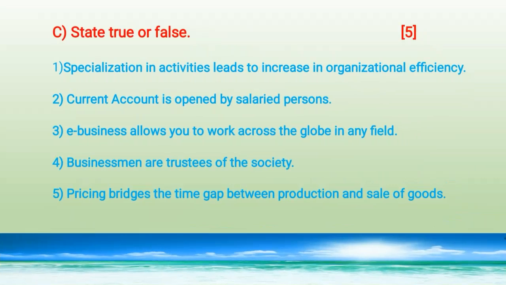Now see, in this question, don't write right or wrong. These two words should not be the answer. Or don't just put a sign. This will not be entertained by the examiner at all. The word should be true or false as an answer.